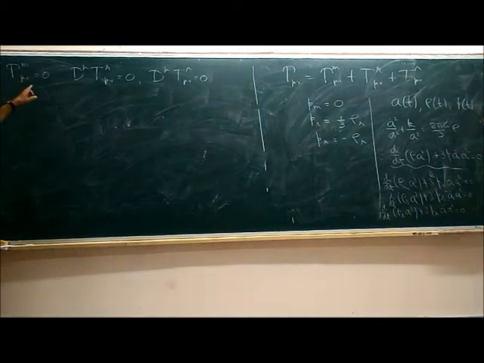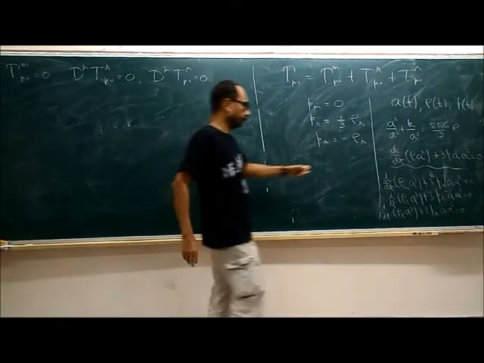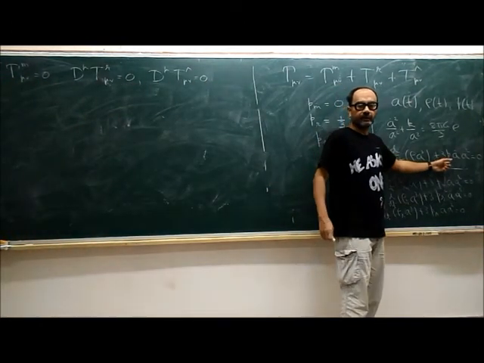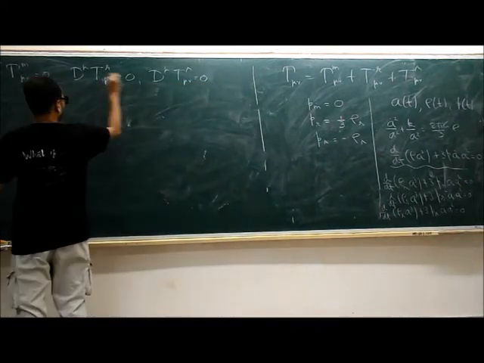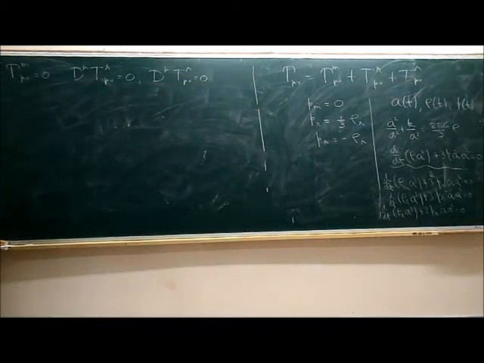Because we said last time, left as an exercise, that starting from d mu T mu nu equal to 0, you can derive this. So if it so happens that individually they satisfy these conservation laws, then you are done.